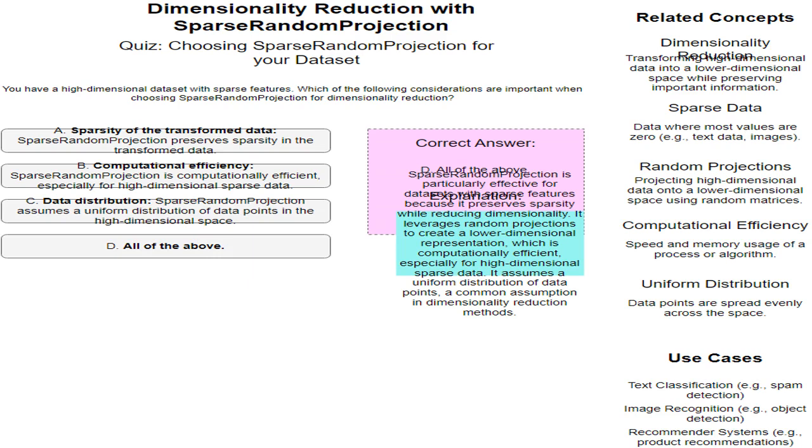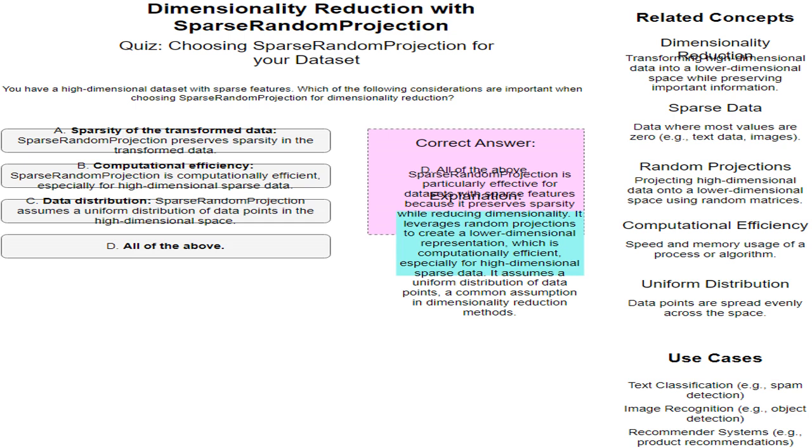Sparse random projection is particularly effective for datasets with sparse features because it preserves sparsity while reducing dimensionality. It leverages random projections to create a lower dimensional representation, which is computationally efficient, especially for high-dimensional sparse data.